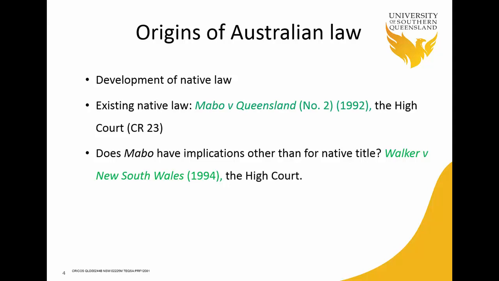The proposition that came from Mabo, and the fact that they said that Australia is not a terra nullius after almost 200 years of saying that it was, is this proposition that in exceptional cases the High Court will be prepared to change the common law.